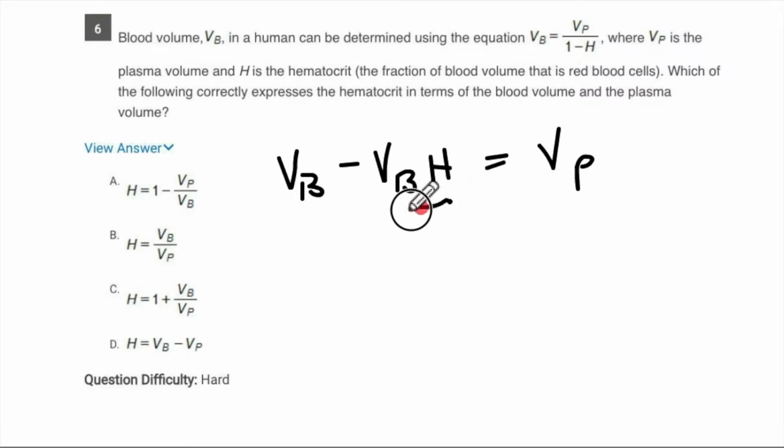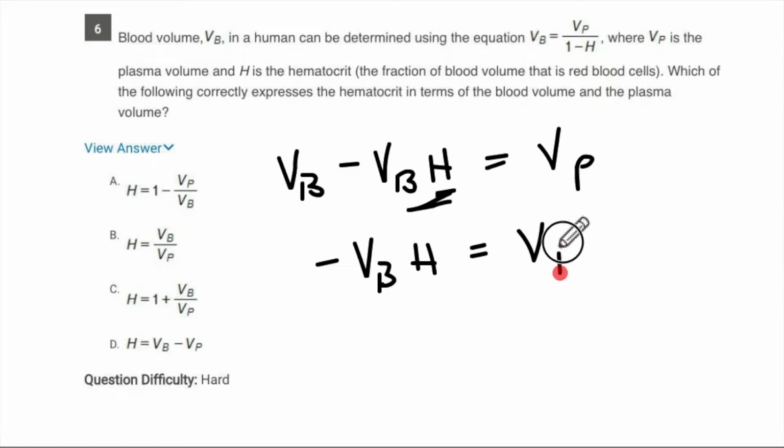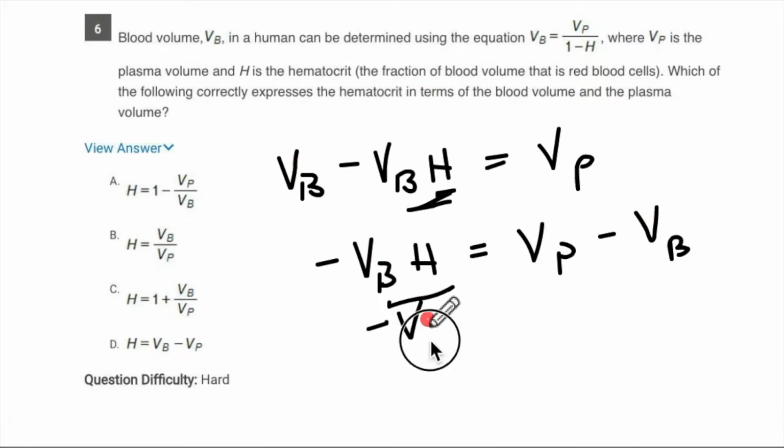Now we're solving it for H, so we need to get the H by itself. Let's just do negative VBH equals VP minus VB. So I'm just subtracting that from both sides, and then I'm going to divide everything by negative VB. We're going to have to manipulate the signs a little bit when we check our answers.